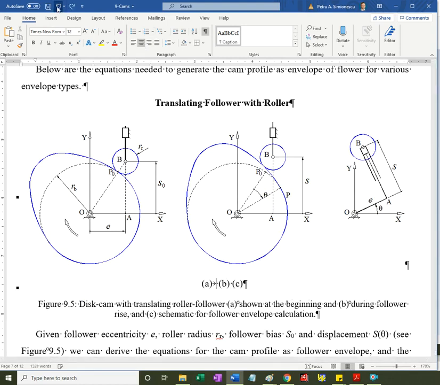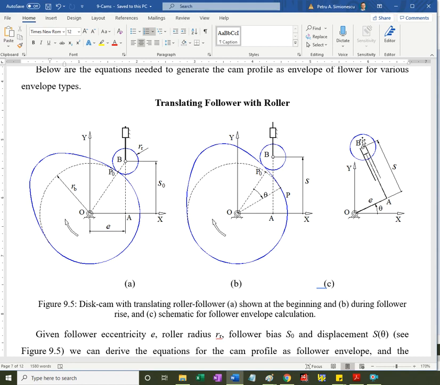using a graphical method. The other one is called graphical methods using motion inversion, where the follower is rotating around the cam in the opposite direction, like the cam is rotating, and you're recording relative to a slab that will form the cam.